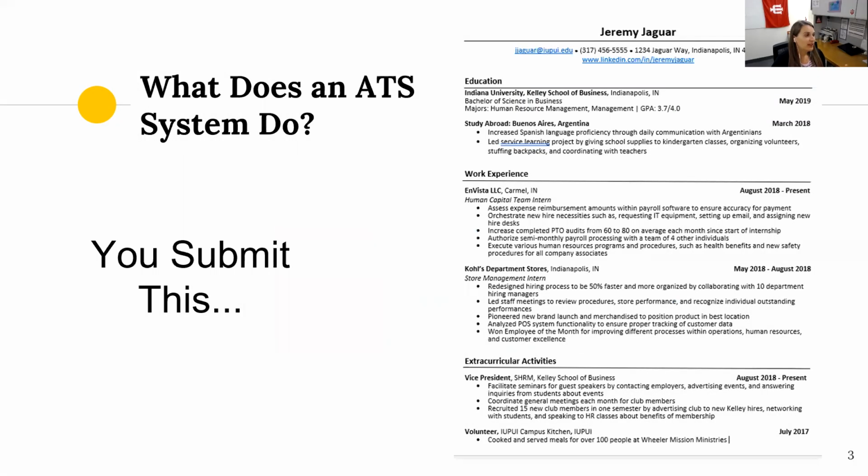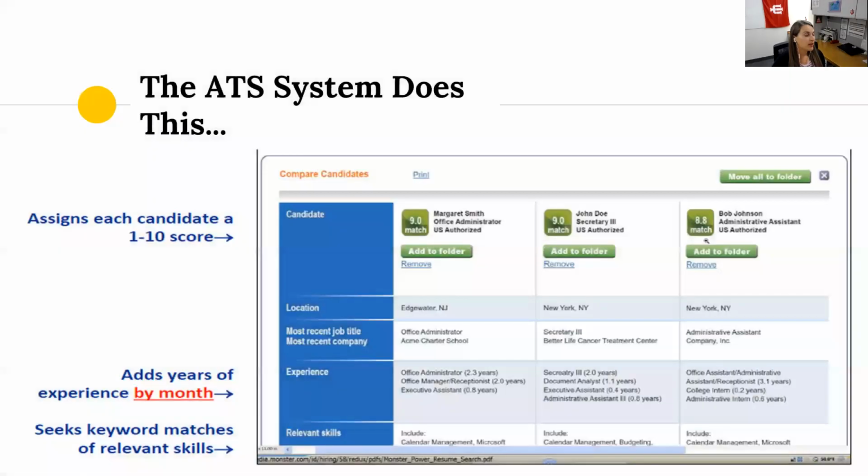When we talk about the ATS system, as I mentioned before, why do we actually care about this? Well, this is the resume, let's say, that you submit to an applicant tracking system, and this is actually what the system does to it. The ATS goes through and starts parsing out information. It looks at job titles, years of experience, and locations where you might have been.